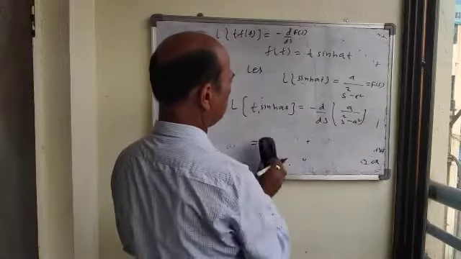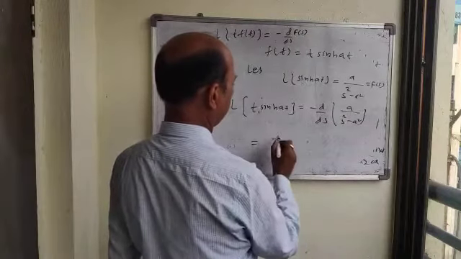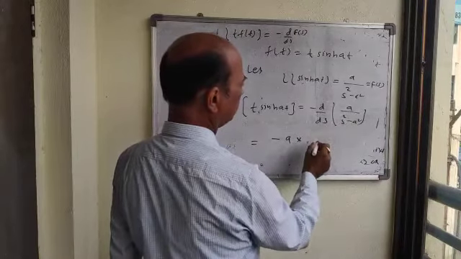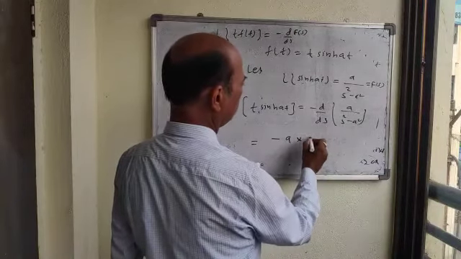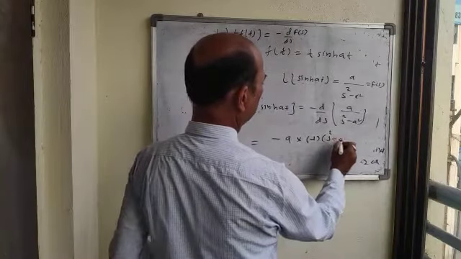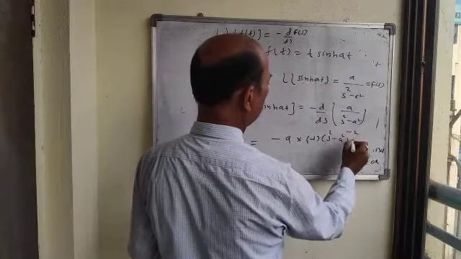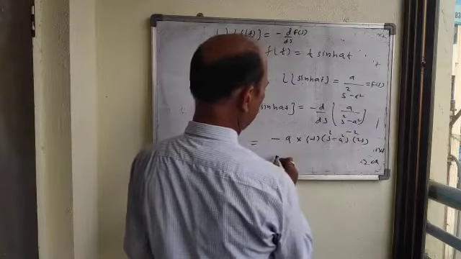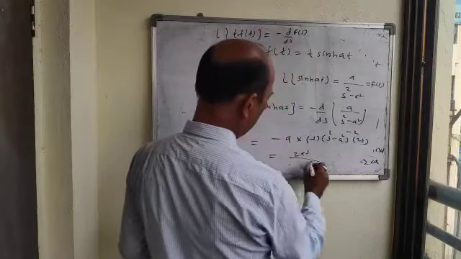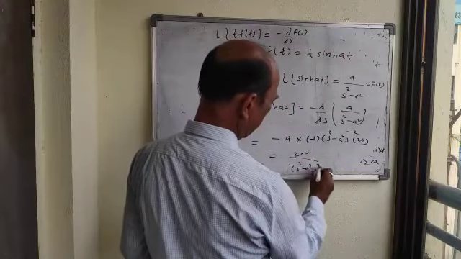So that is equal to minus a constant into its derivative. Its derivative is minus 1 into s square minus a square to the power minus 2 and into 2s. So that will be 2as upon s square minus a square, the whole square.